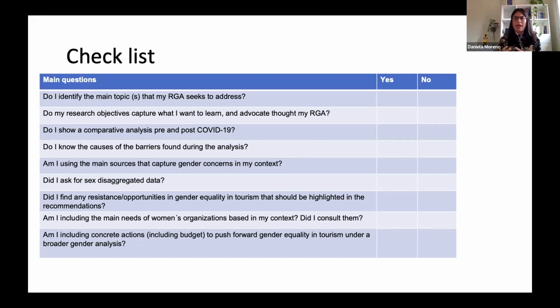Did I review the main assessments that are going to give me information on the gender dynamics in tourist development? So try to find this kind of information that is going to be very useful for your rapid gender assessment. Try to look for assessments that maybe are not considering tourism or gender, but it doesn't matter, because this type of assessment is going to be very useful to really include gender equality in tourist development, okay?